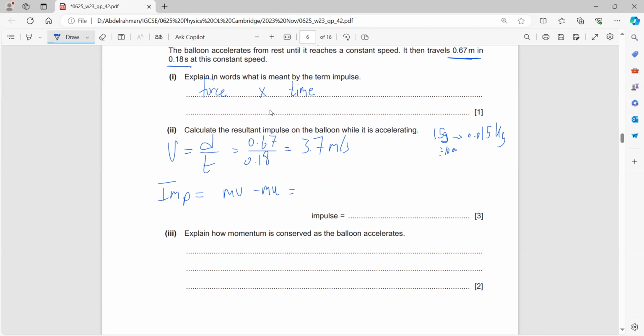So mv minus mu is 0.015 times the velocity, which is 3.7. This will be 0.055. Units: newton seconds or kilogram meters per second.